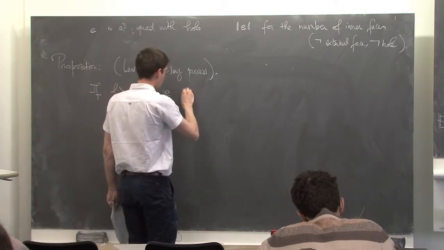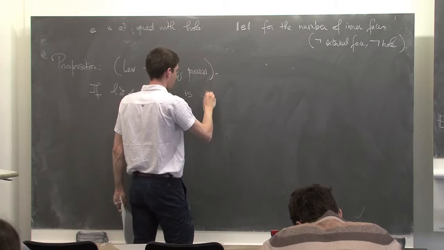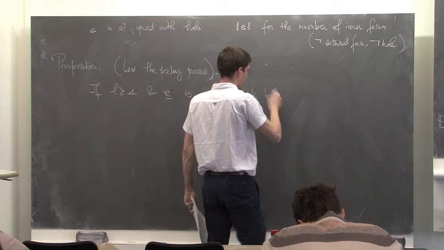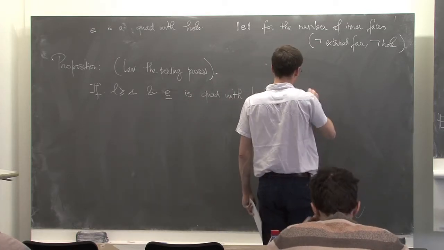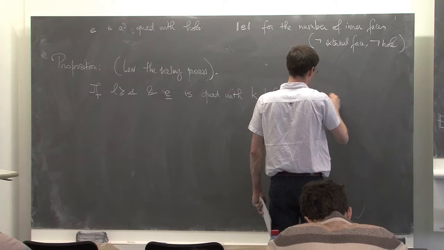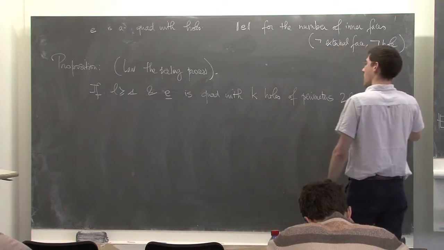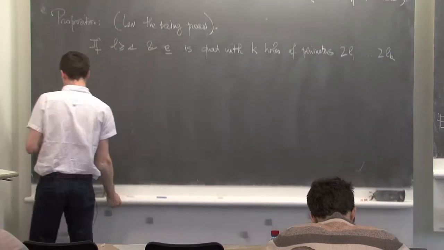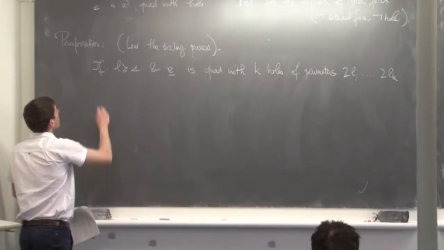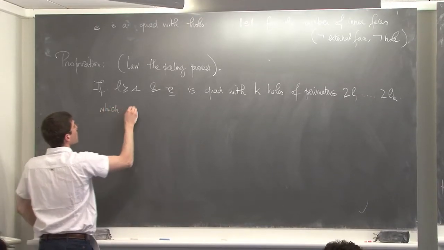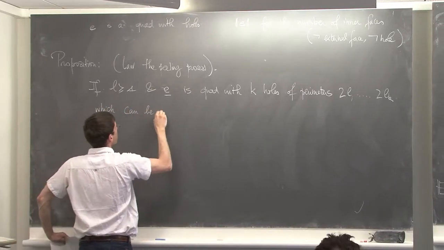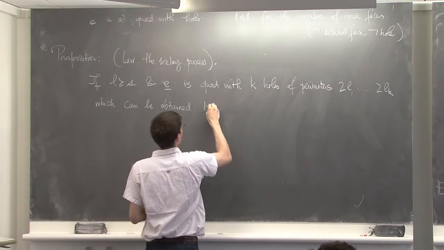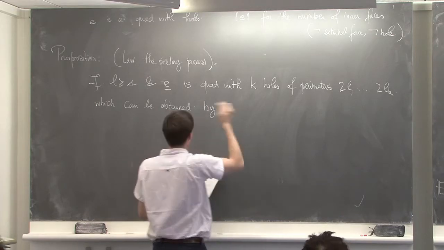And E is a quadrangulation with K holes of perimeters 2L1 up to 2LK, which can be obtained after n pinning steps.